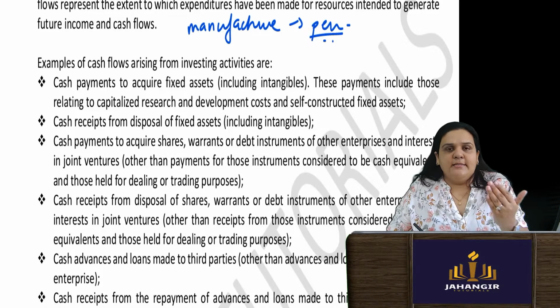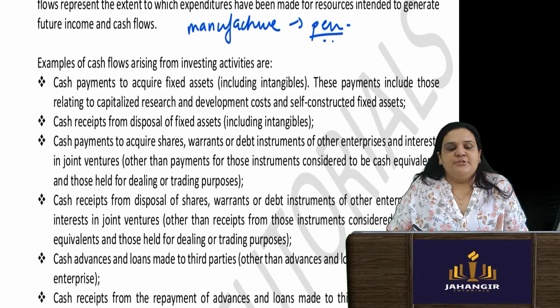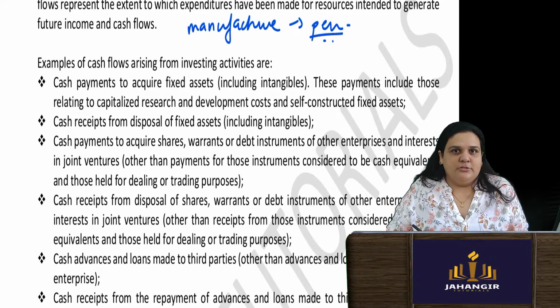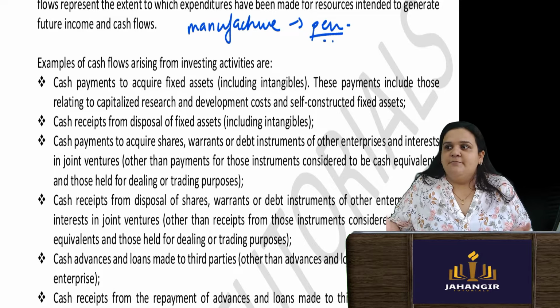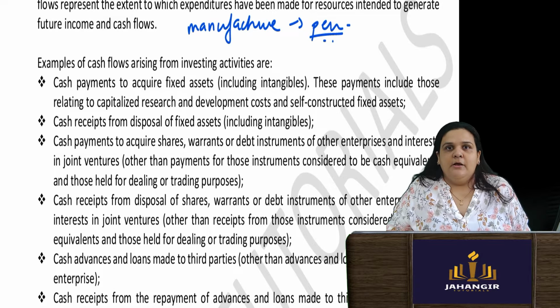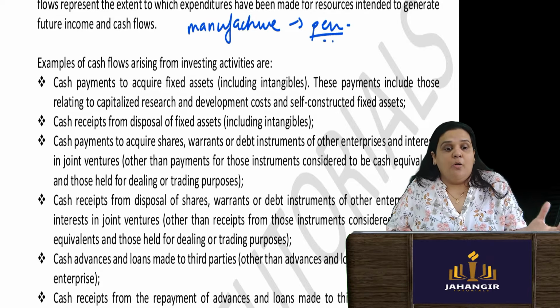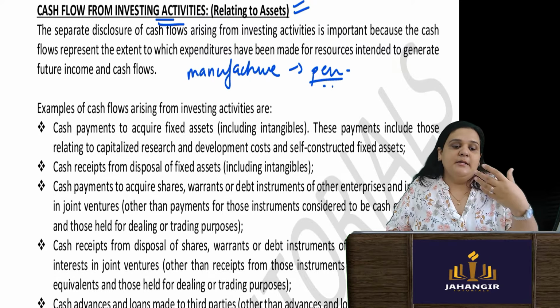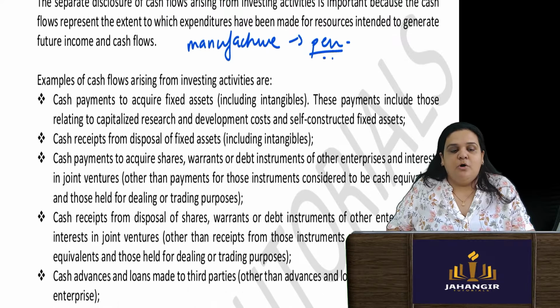So if I'm buying some asset, it will be a cash payment to acquire that asset. Or disposal of a fixed asset that is not related to my operations. I don't have the business of selling plant and machinery, I am into another business, but selling plant and machinery or acquiring any kind of shares, or doing any investment in other companies, shares, warrants, debt.